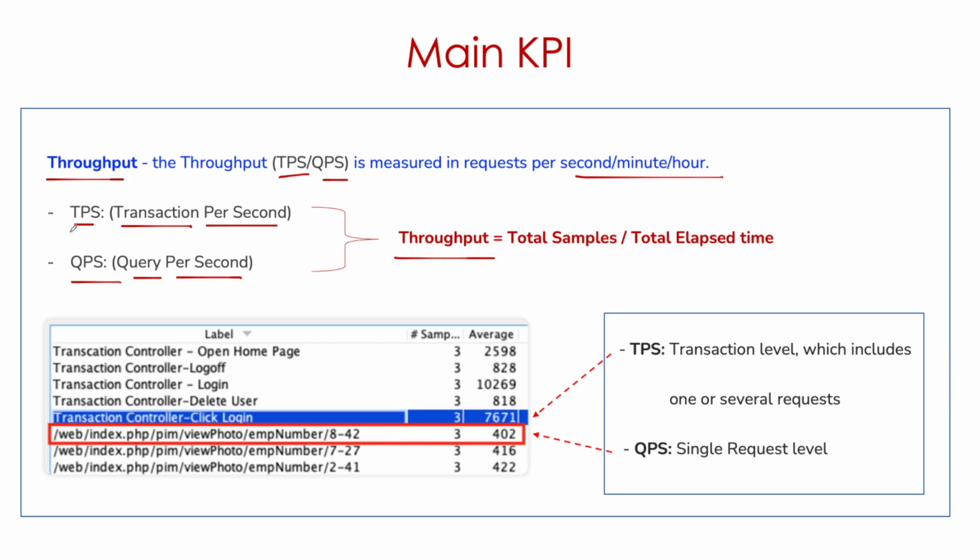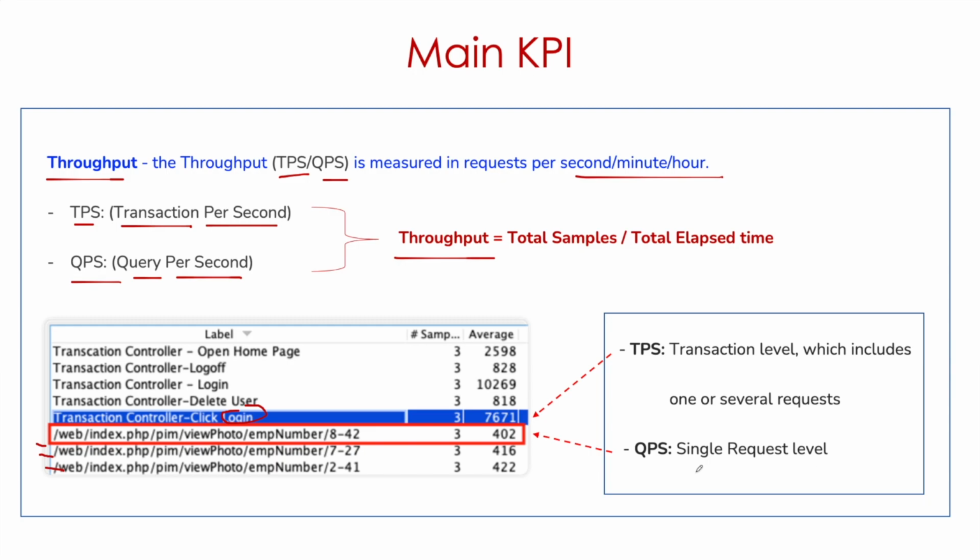And so what is TPS? What is QPS? Let's take an example. If we have a login test, so we create a transaction login, and under the login transaction we have 3 single requests. So 1, 2, 3. And each single request we call it QPS. That's the single request to the application server.